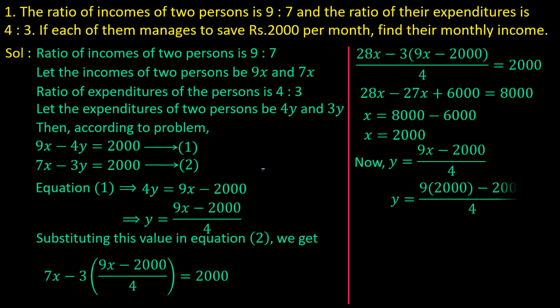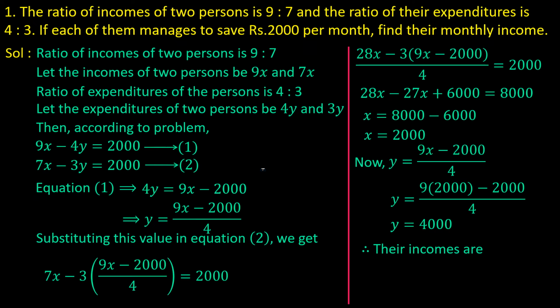So y equal to (9 into 2000 minus 2000) by 4, because we got the value of x as 2000. Now y equal to (18,000 minus 2000) is 16,000 by 4, which is equal to 4,000.